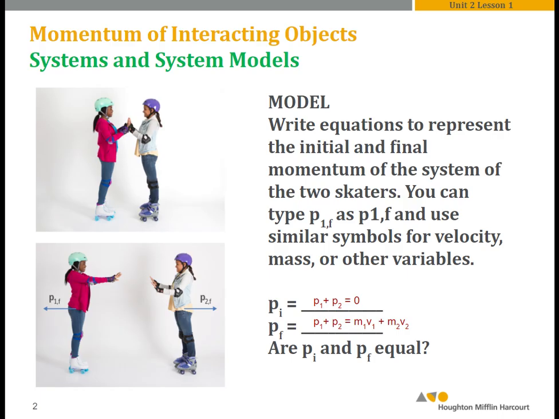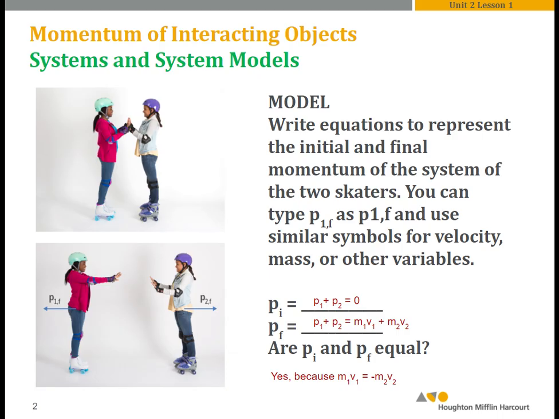The question is, are P sub I, the initial momentum, and the final momentum equal to each other? And the answer is yes, because the momentum of the first girl is equal and opposite to the momentum of the second girl.